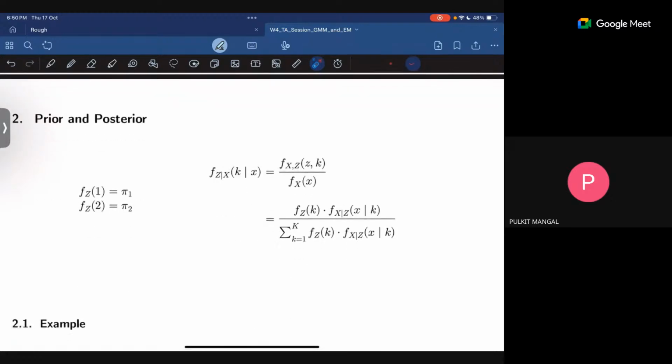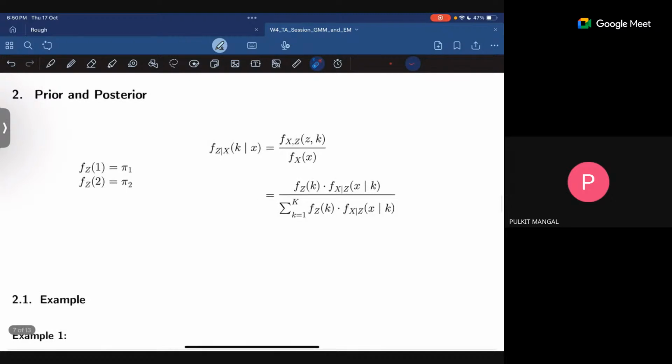Now the prior and the posterior part. From Bayesian estimation, the posterior probability is: given you have a data point, what is the probability that it is coming from component K? That we have seen before, when we discussed the terminologies.